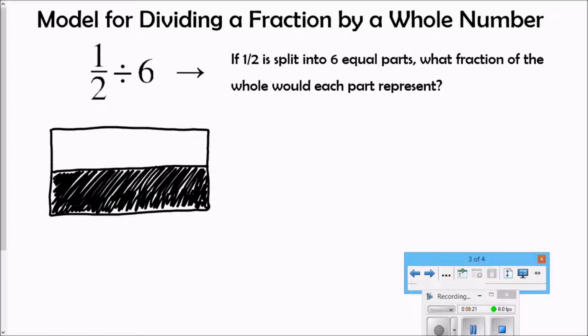So again, you can think about the question as: if 1/2 is split into six equal parts, what fraction of the whole would each part represent?